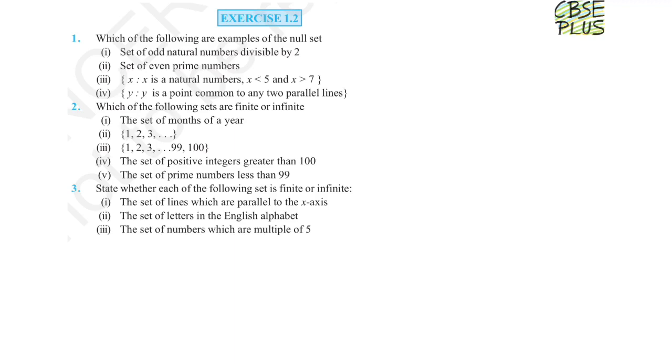Here in the first option there is a set which says the set of odd natural numbers divisible by 2. So there are two conditions given. The first condition is that the members of this set are odd natural numbers, and also they should be divisible by 2.